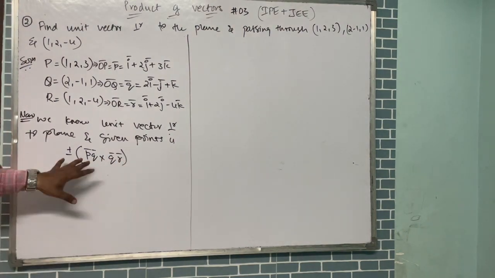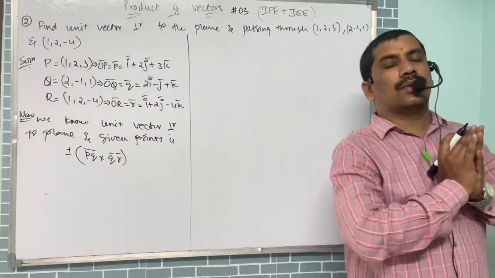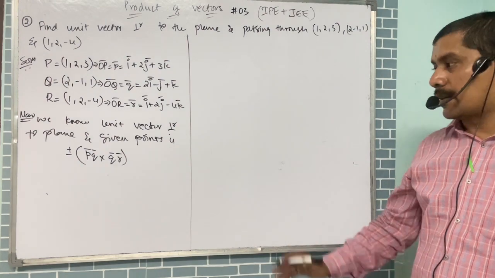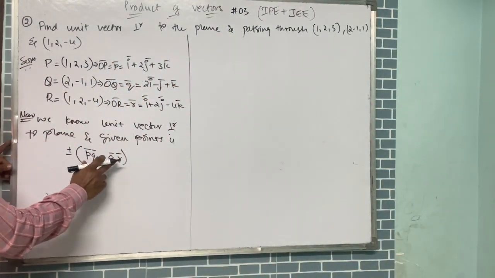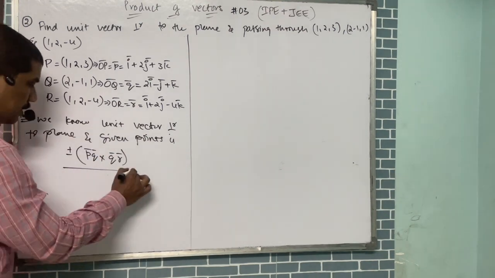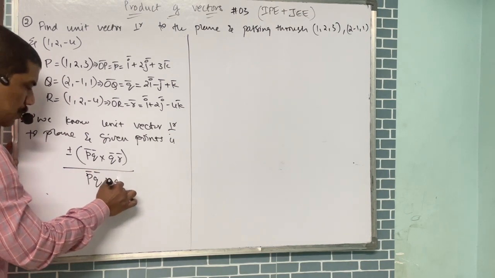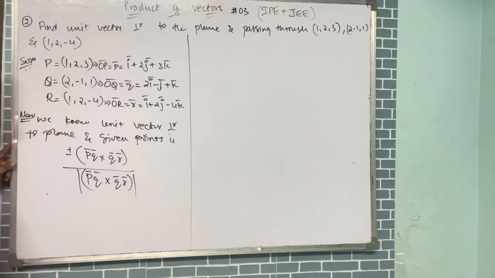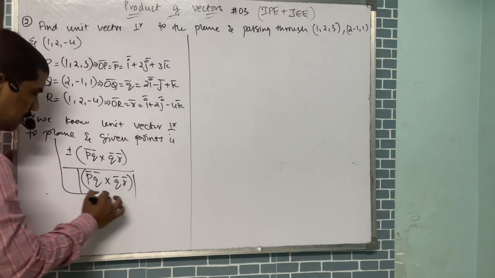Some books may use capital letters, depends. Nothing is going to change in the steps; capital letters or small letters don't matter. So you find PQ and QR, do the cross product, then divide by that cross product's magnitude. So this is our formula.